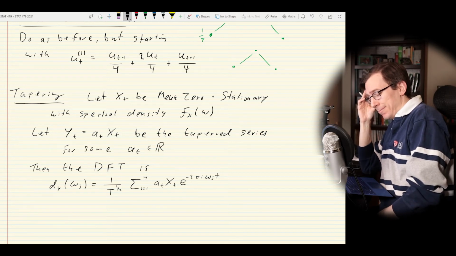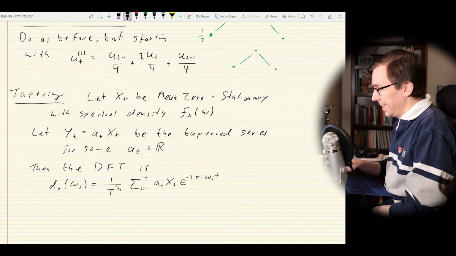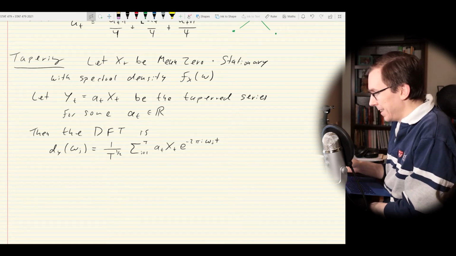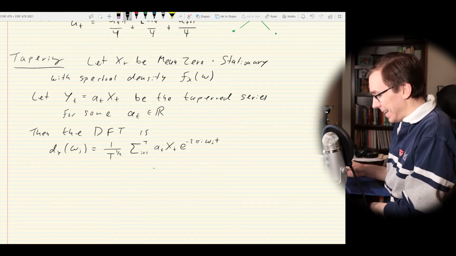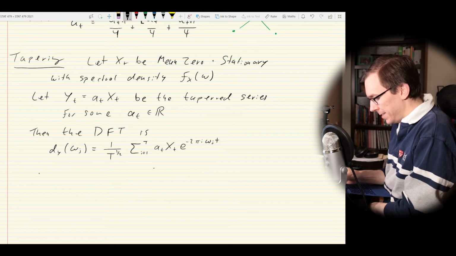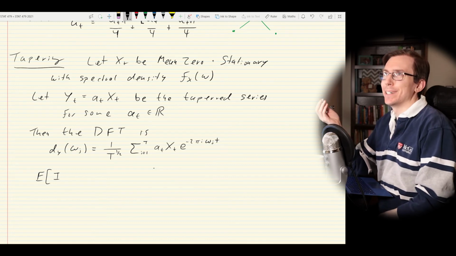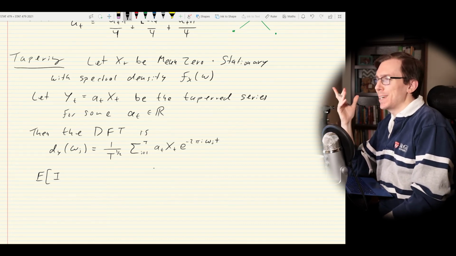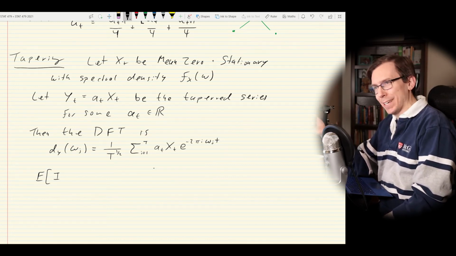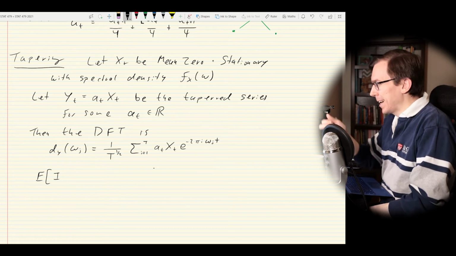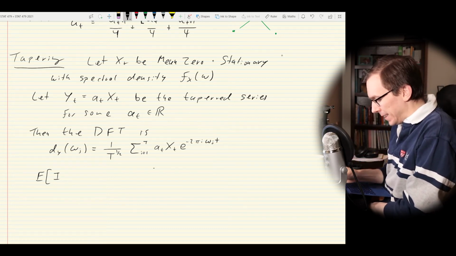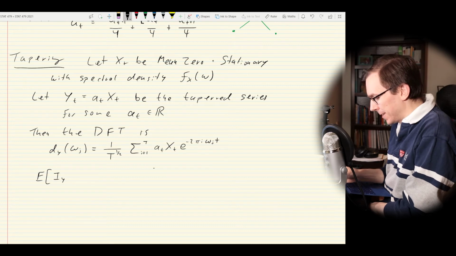All right, so what do we get from there? Well, then we find out that the expected value of the periodogram, because we want to ultimately know what's going to happen to our periodogram with this transformation. If we look at the expected value of our periodogram, it's no longer just going to be the spectral density.